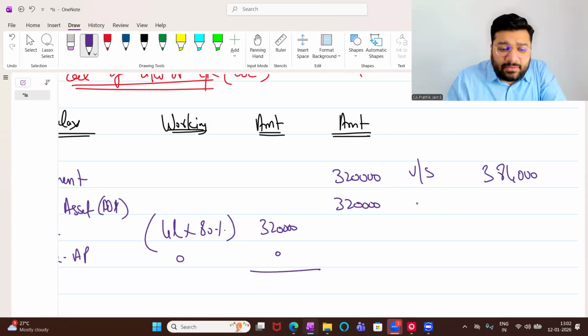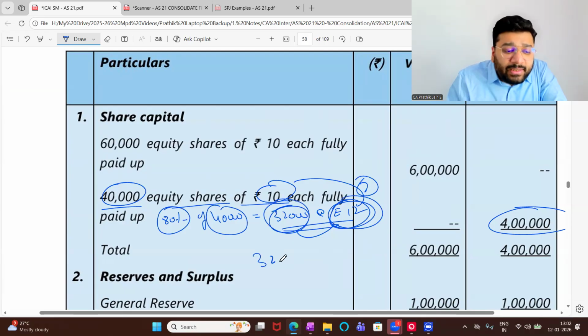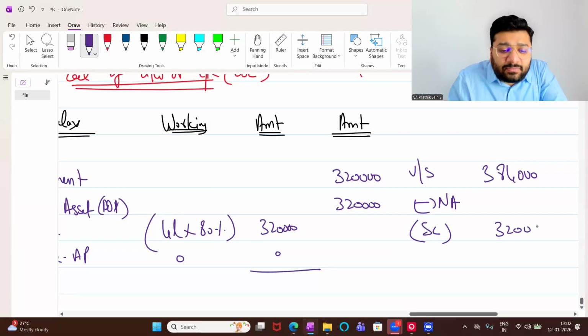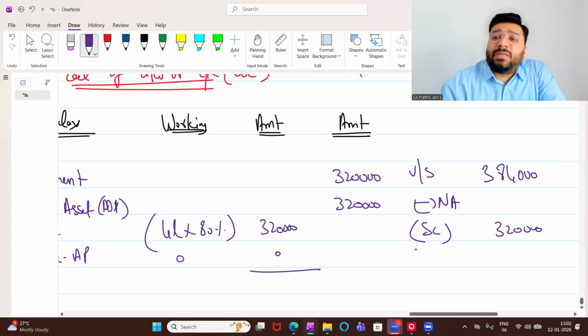Now this I have to compare with what? Share capital, net asset. So minus net asset. In net asset, what do we have? Share capital. Now what is share capital? 32,000 into 10 rupees, which is 3,20,000. Otherwise, do 80% of 4 lakh; you'll get the same 3,20,000. Now, is pre-acquisition profit there or not?